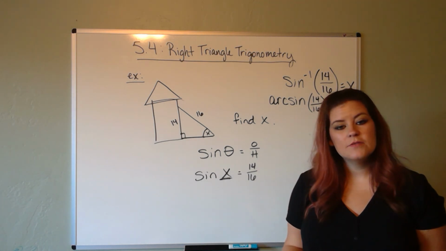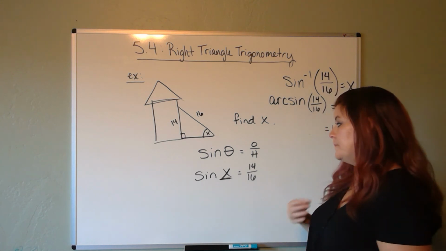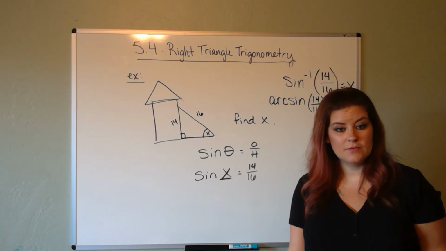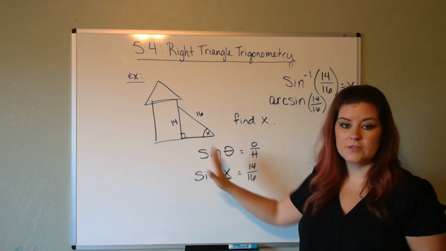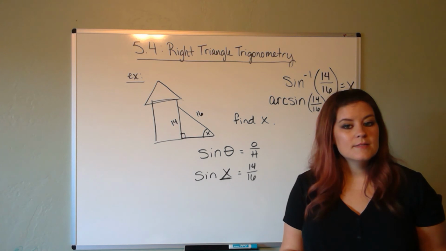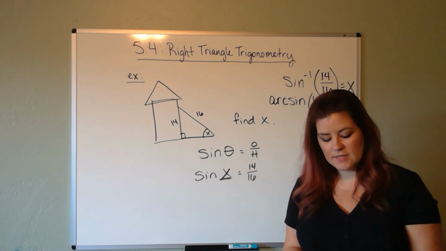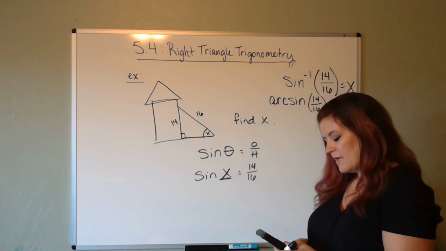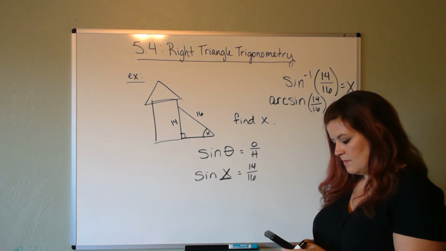Since we are starting to use our calculator a little more, I want to make sure that your calculator is in degrees when it needs to be in degrees. Like today, everything we do in 5-4 is in degrees. But when we're doing problems in radians, you need to be able to switch your calculator to radians mode. My calculator is in degrees right now.